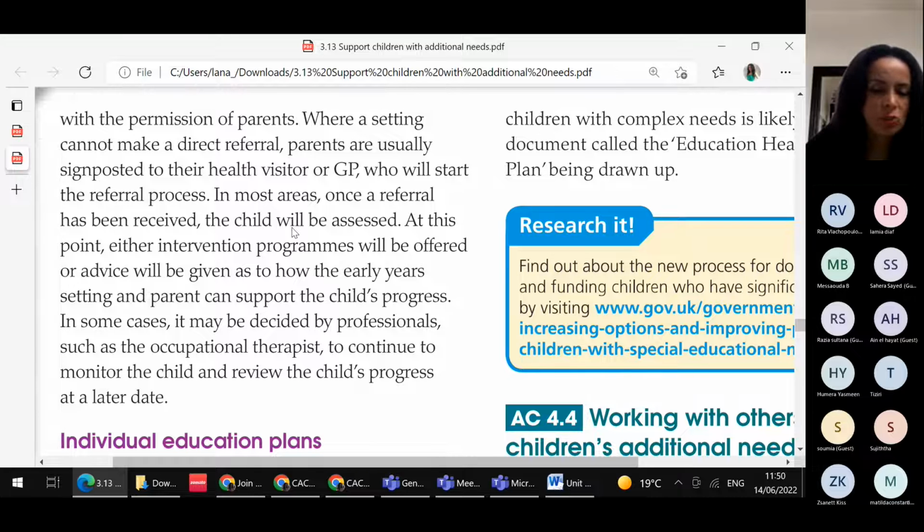So in most areas, once this referral has been received, the child will be assessed, and then will be offered extra support, extra advice, extra resources, so the nursery can support the child in their progress.